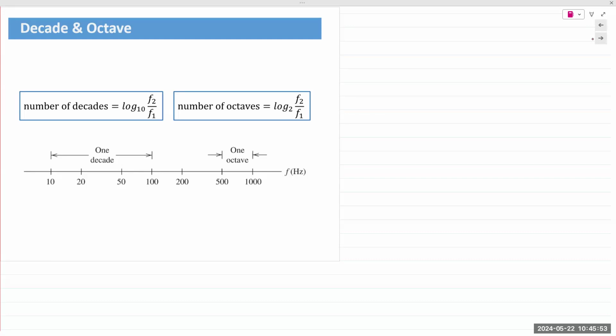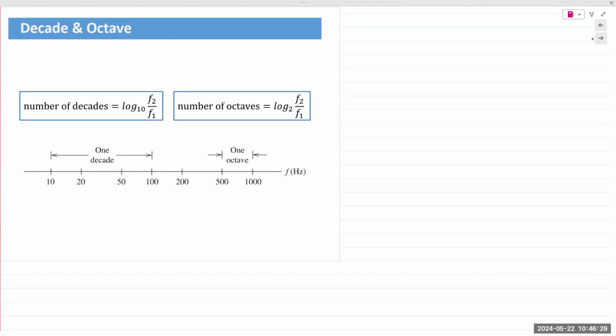So for example, a change from 1 hertz to 10 hertz is a ratio of 1:10. So that is 1 decade of frequencies. A change from 10 to 100 hertz is again a ratio of 1:10. So going from 10 hertz to 100 hertz is still 1 decade of frequencies. As shown in this figure right now, if you go from 500 to 1000, or if you go from 50 to 100, that is a ratio change of 1:2.